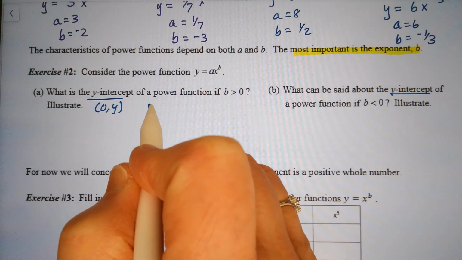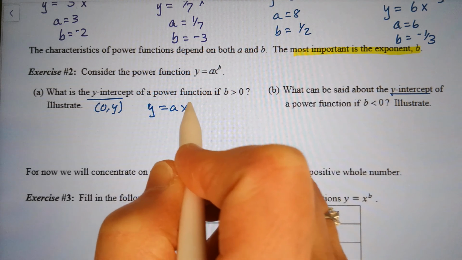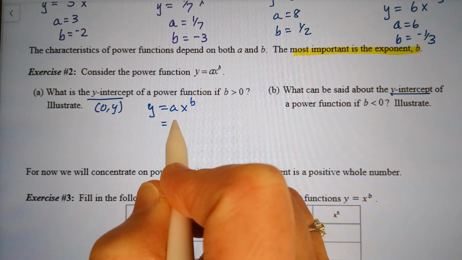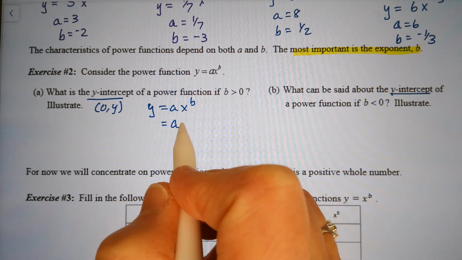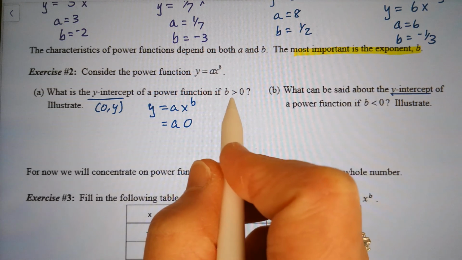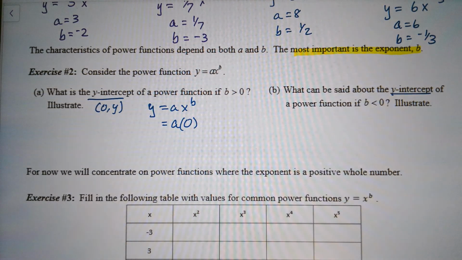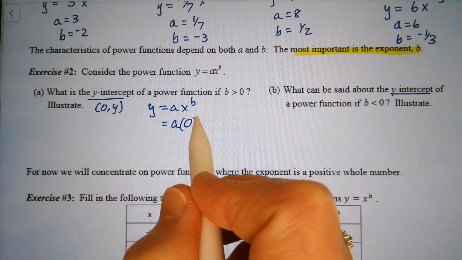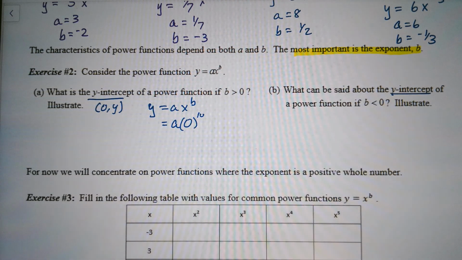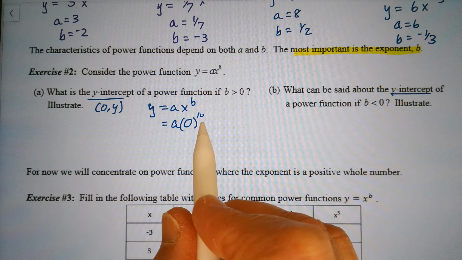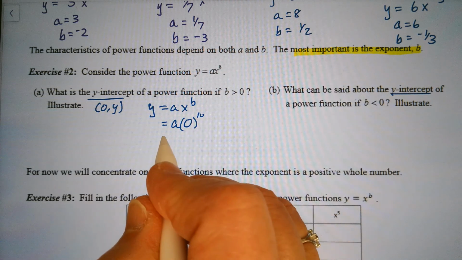Let's take our equation y equals ax to the b and replace x with 0, and our b value has to be something greater than 0, so it has to be positive. I can put a 10 in there, I can put a 1, it doesn't matter. 0 to any power is still 0.